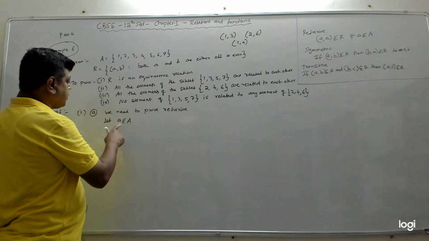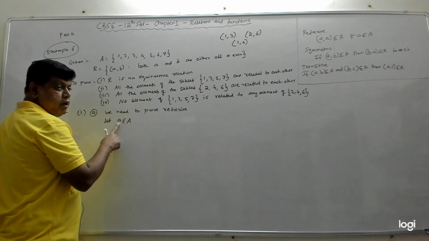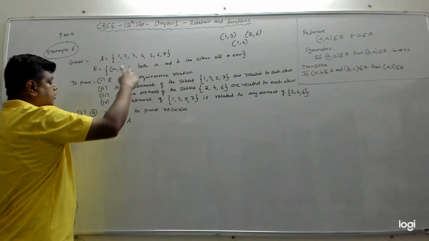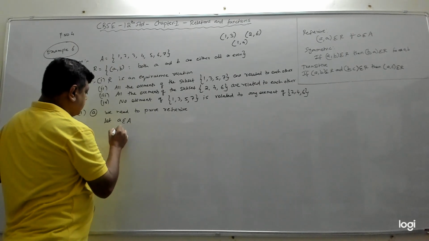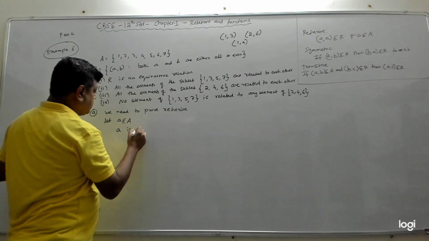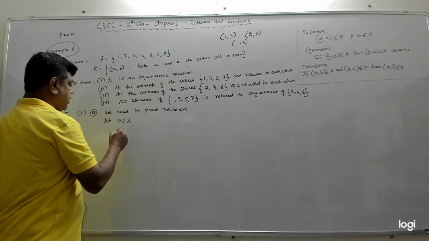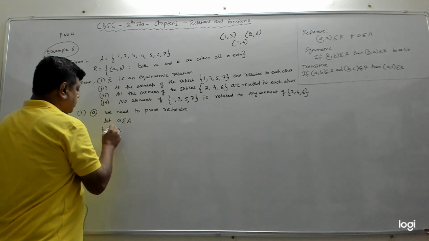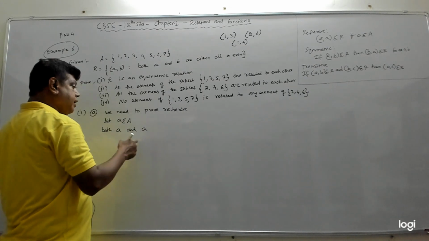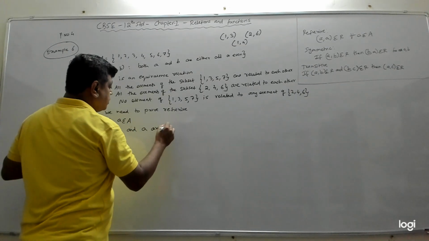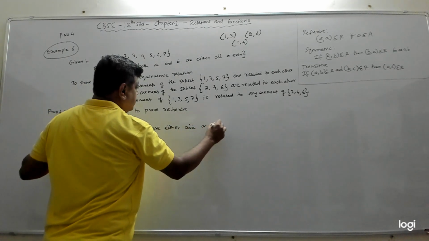Now when I take an element a from the set A, small a denotes the element, capital A denotes the set. Now if you go with the definition, both a and a are either odd or even, right?